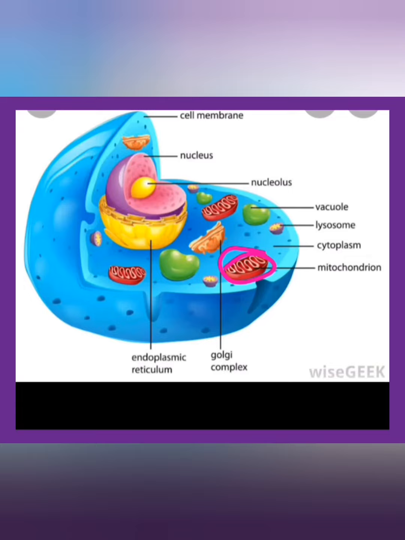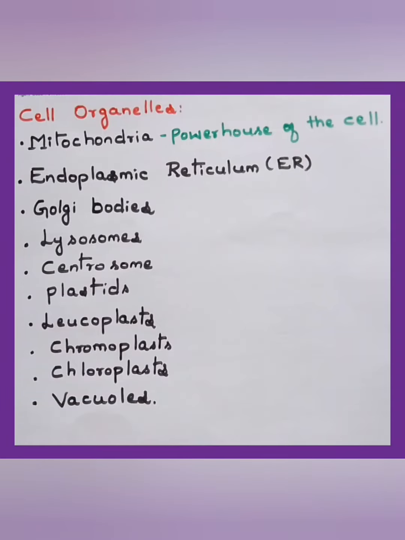Okay, so let's learn some important cell organelles of plant cell and animal cell with their functions and their importance, and whether they are present in animal cell or in plant cell, etc. These are the main cell organelles present in animal cell and plant cell. A few which are present in plant cell may not be present in animal cell, and vice versa.